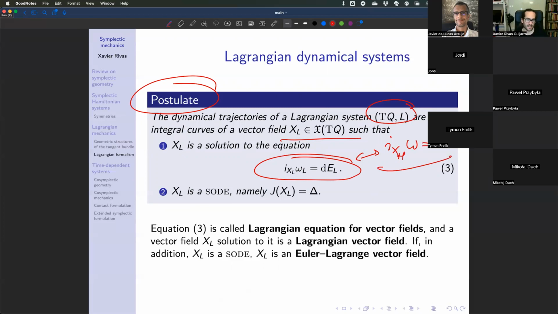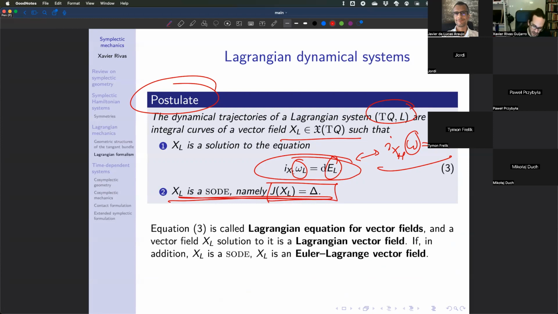You can think of it in this way. That's why I said that this Lagrangian energy will play the role of the Hamiltonian. And this symplectic form, symplectic in the case of a regular Lagrangian, plays the role of the canonical symplectic form of the cotangent bundle. And in addition, we ask this Lagrangian vector field to be a second order differential equation, so to satisfy this condition.